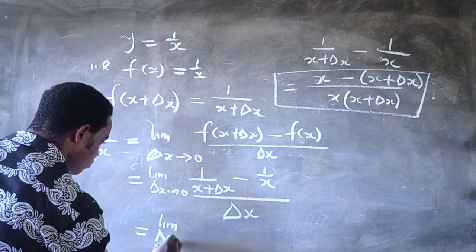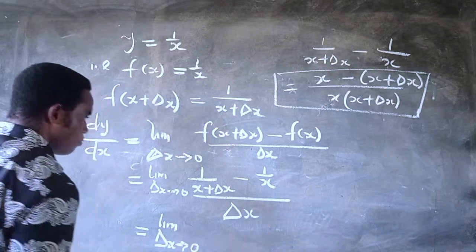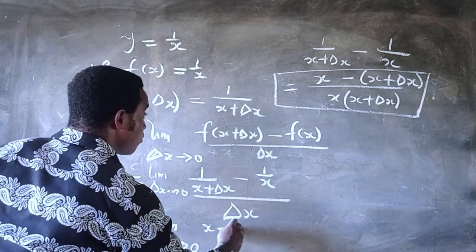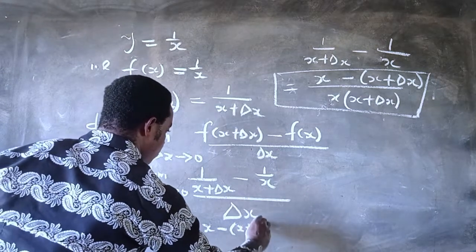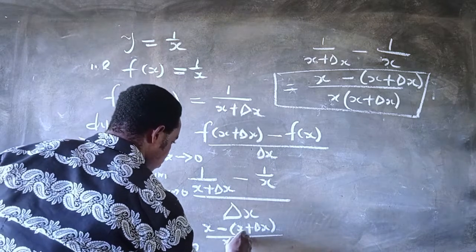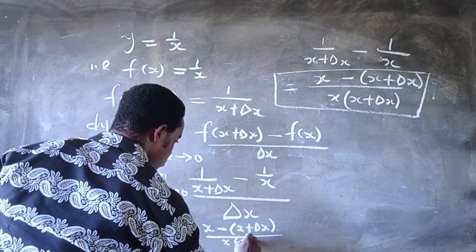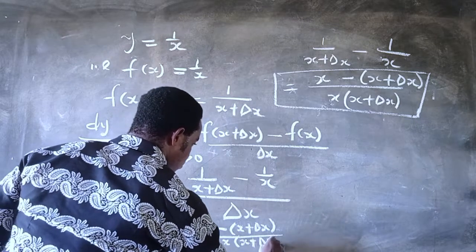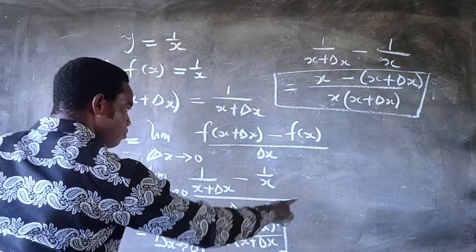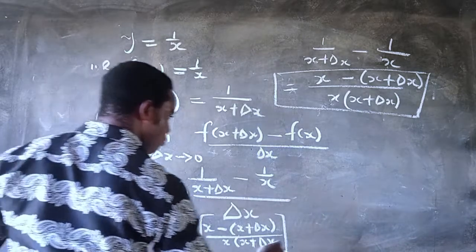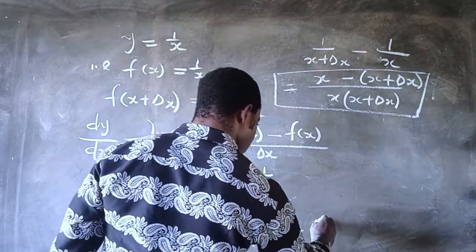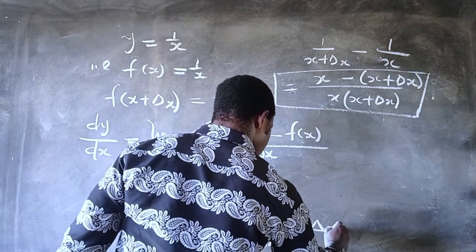So the limit as delta x approaches 0 of x minus x plus delta x, divided by x into x plus delta x. Let's put that in a big bracket because it's out of my camera frame, and divided by delta x. This is the best form I can write this so that I don't write outside the camera frame.